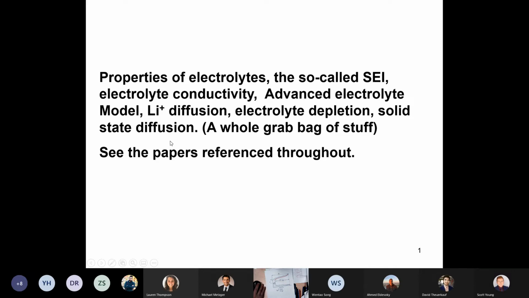And we haven't talked in detail about diffusion of lithium into the intercalation materials. So this PowerPoint has just a whole grab bag of stuff in it. And a lot of these ideas are treated nicely in McKinnon's thesis, chapter 7, which I've emailed to you. I recommend that you have a read of that.